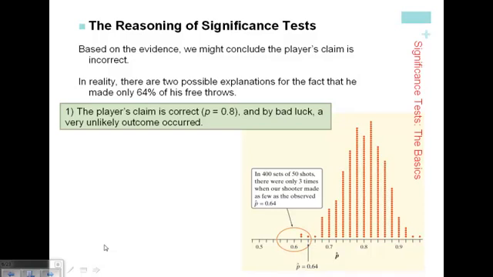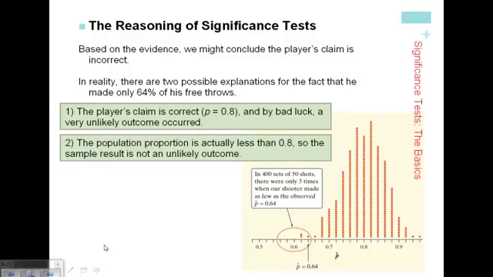One possibility is it was just a bad streak. And that happens even to the best shooters. But the more probable is that the population proportion claim of 80% is wrong. And that probability calculation is evidence against that claim. Do you see the two worlds?